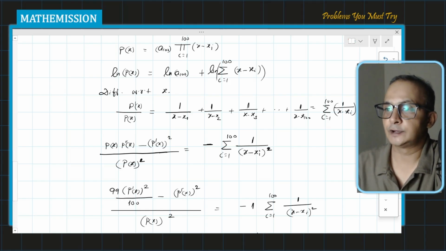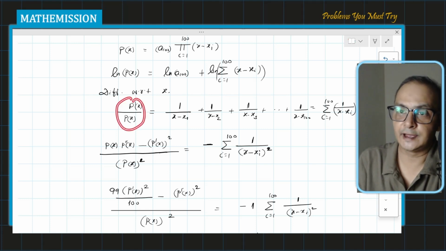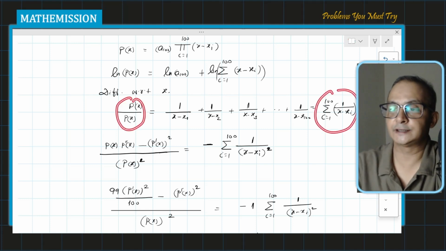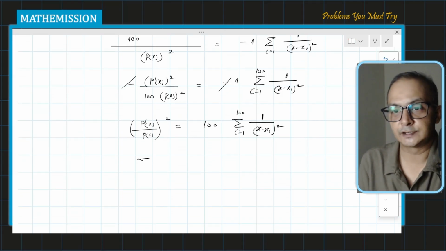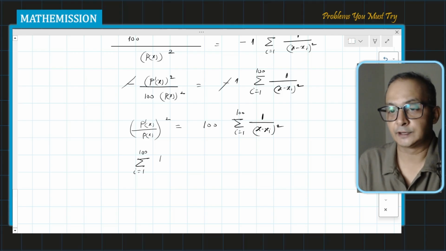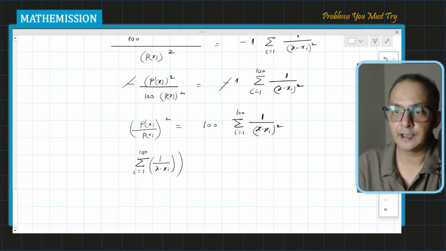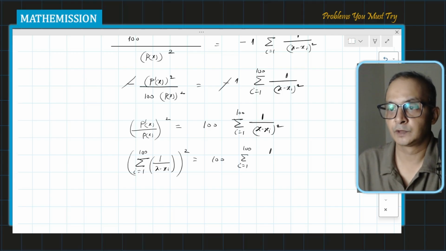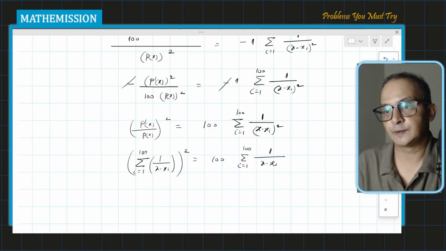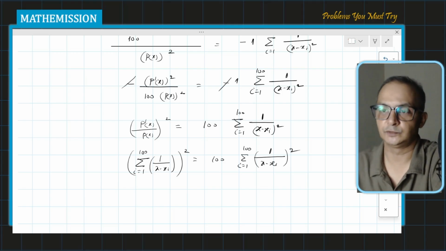So what I'm going to do is write this quantity at the place of p'(x) by p(x). This is summation i goes from 1 to 100 of 1 by (x minus xi), and the whole square is equal to 100 times summation i goes from 1 to 100 of 1 by (x minus xi) the whole square.